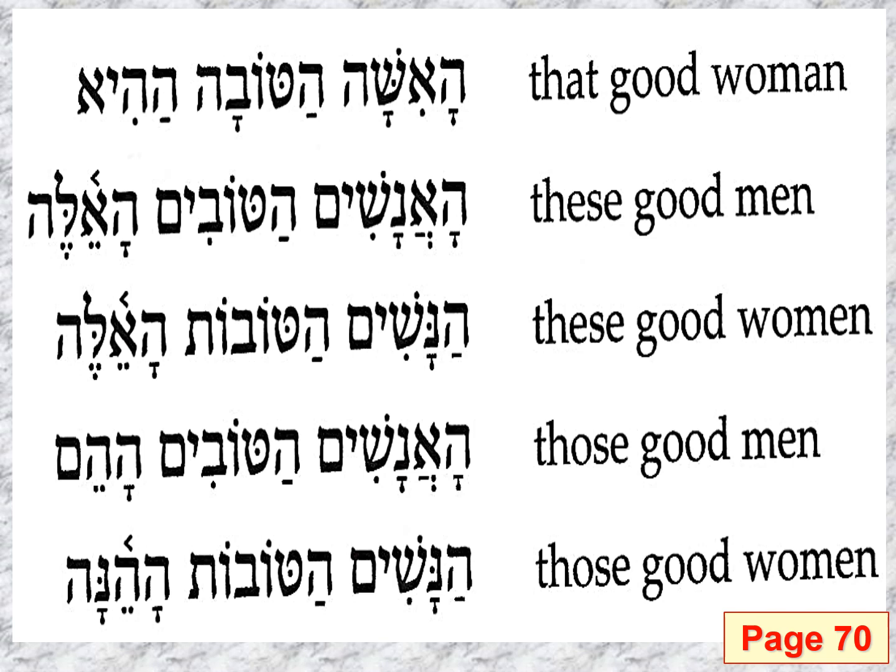So here we have the definite article plus the feminine singular noun. Then we have the definite article plus the feminine singular adjective. And then we have the definite article plus the demonstrative, the far demonstrative. Obviously, here in context, we see that it's not a personal pronoun, but rather a far demonstrative. Ha'isha hatova hahi. That good woman.